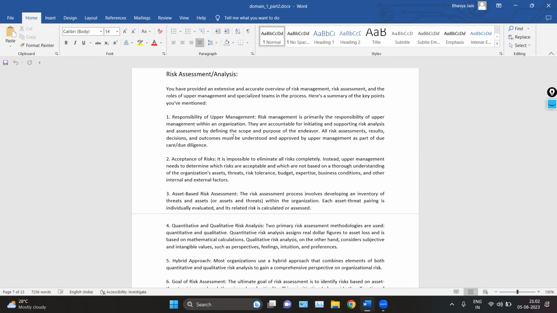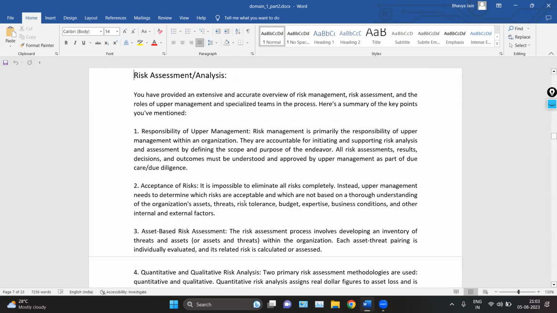Then the risk response phase is all about finding and fixing the risk, or mitigating the risk, or resolving the risk. And in risk awareness, we discussed spreading awareness about the risk. So now let's discuss risk assessment in detail.